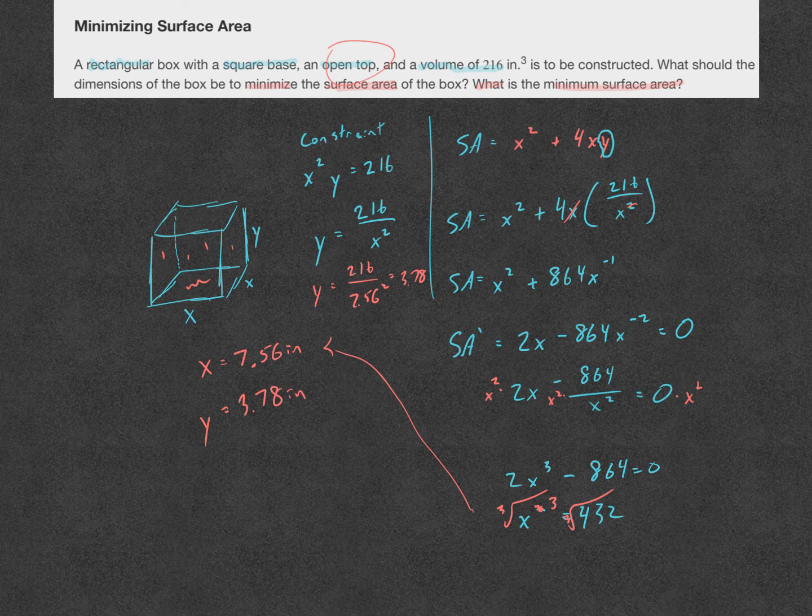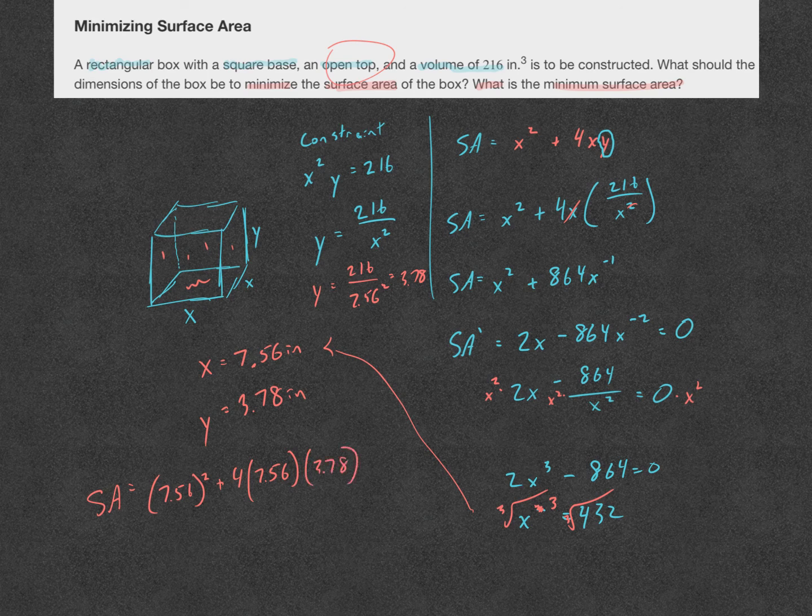And the question does ask me for the minimum surface area. So for that, I'm taking 7.56 squared plus 4 times 7.56 times 3.78.